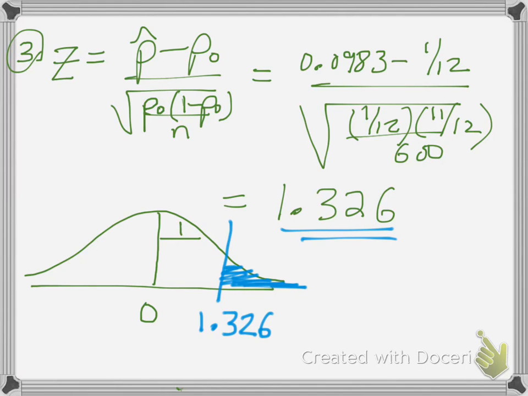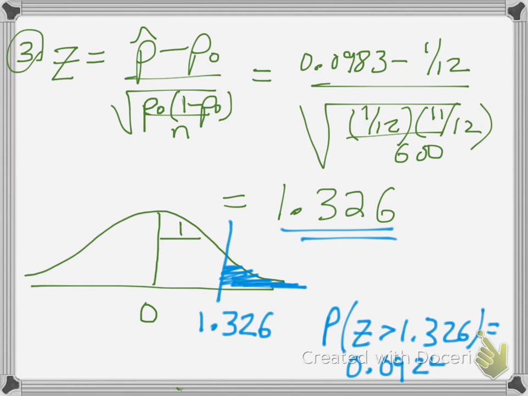So to get a p-value using table A, you would look up this value on table A. You've got to do a complement. So we get roughly a p-value of the probability that z is greater than 1.326 equals 0.0924. That's our p-value. We talked about p-values when I was there.